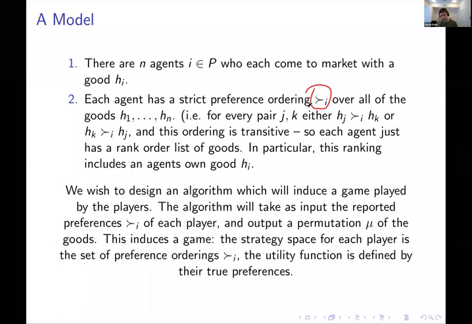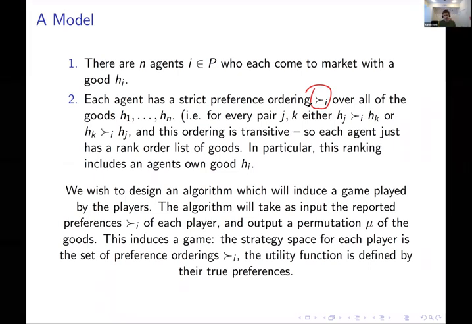The action space in the game is the set of all preferences that an agent could report to the mechanism, and their true preferences specify their utility function in the game. In particular, their true preferences, for every set of actions of their opponent, specify a preference ordering over their own action set, because every action they choose will result in some allocation, and they have preferences over these allocations.